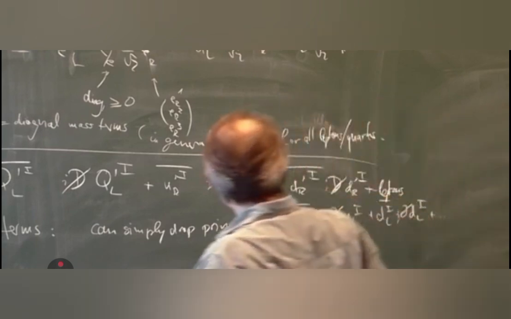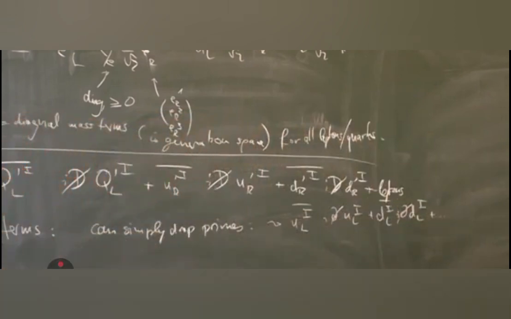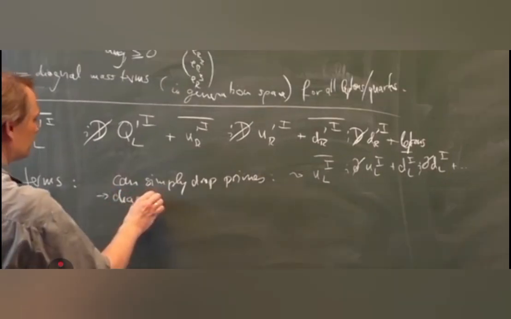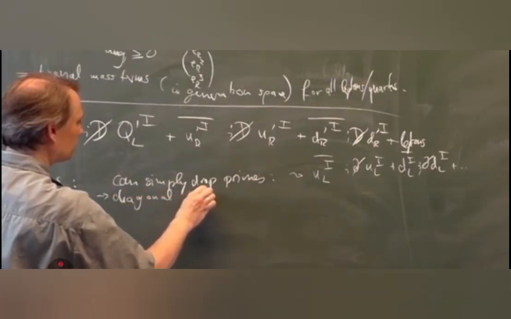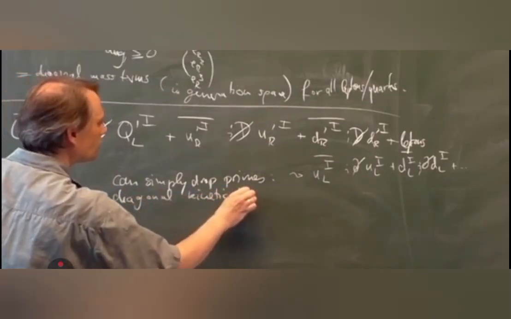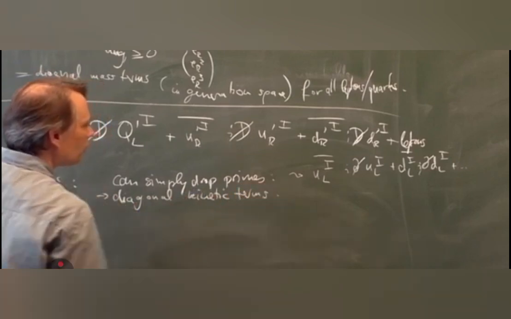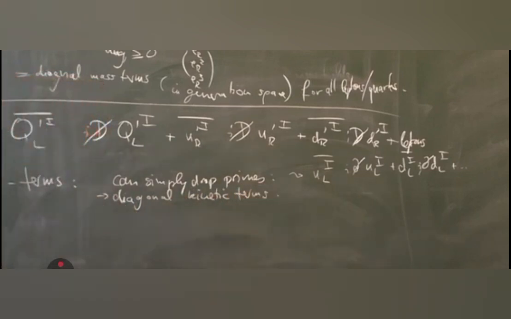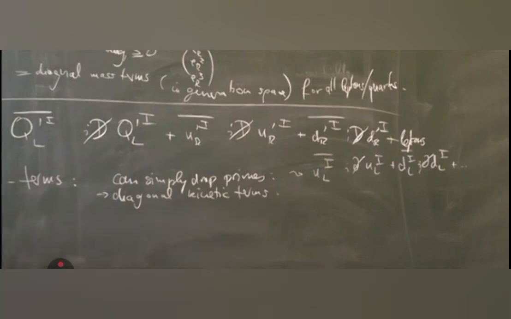So we get diagonal kinetic terms for all the quarks and all the leptons. So there is nothing to be diagonalized. The kinetic terms were diagonal in the primed fields, and after unitary transformation they remain diagonal also in the unprimed fields.